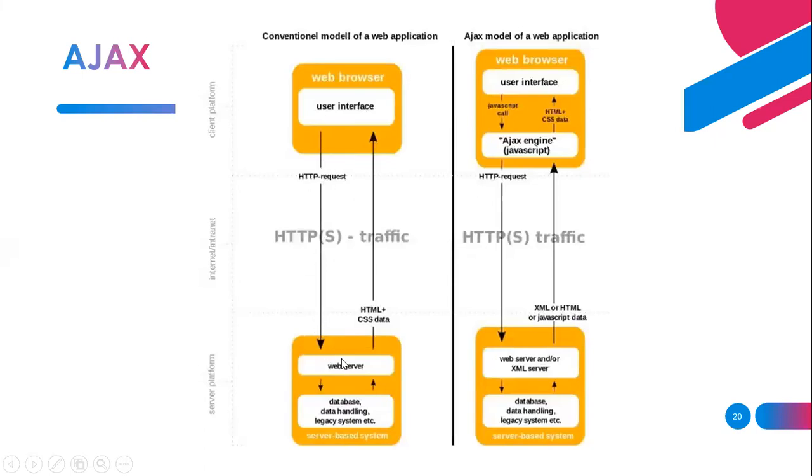For example, if we are using XAMPP Apache, the browser will send the request to Apache, and then if we have a database, Apache will also connect to the database, and then go back to the web server and send the HTML and CSS data to our browser again. So this is the normal one.